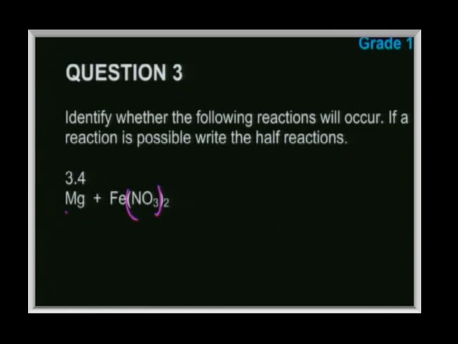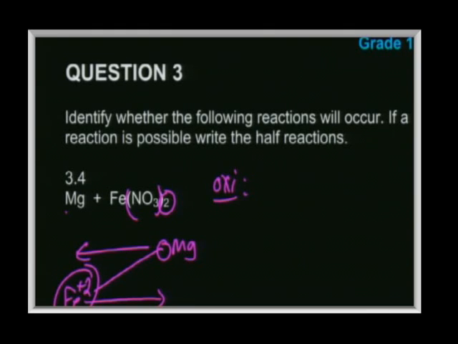So if we were to look over here, your oxidation half reaction would be that of the magnesium. So if it was on my table, I would start off with my magnesium on this side, read it from right to left, and over here I would have my iron. That 2 at the bottom tells me that it's going to be a +2, and I'm going to read it in this direction.